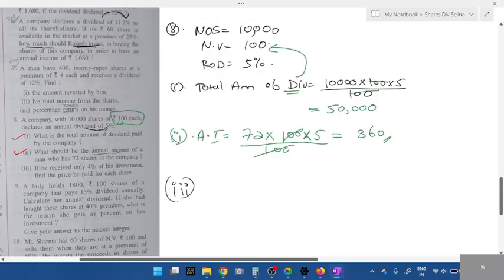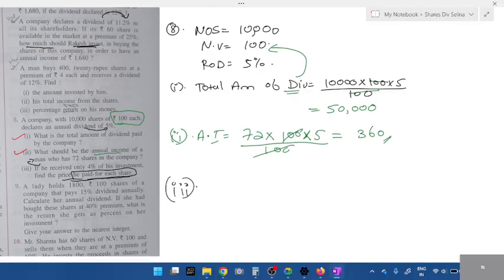Okay. What is our question, students? If he received only 4% of his investment, find the price he paid for each share. So this man, 4% of his investment. If he received only 4% of his investment, find the price he paid for each share. Number of shares is given.